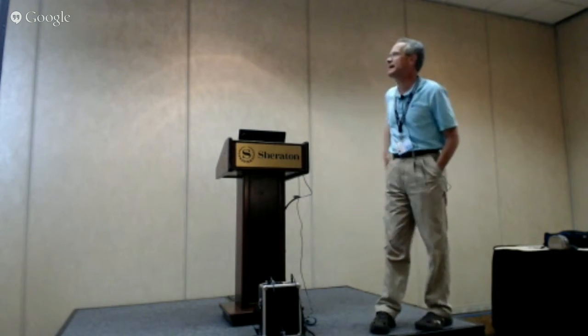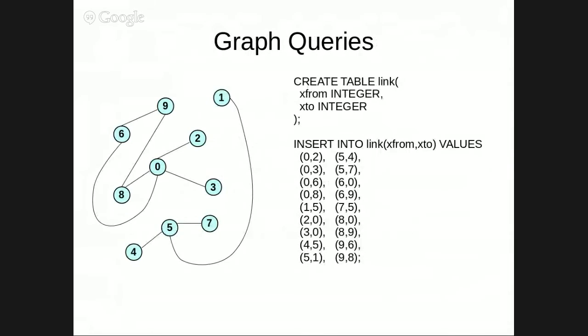All right, so here's some examples of how this might be a little bit more useful. Recursive common table expressions are useful for querying graphs. And I have a graph here, and it's an undirected graph, and I've got a table representation of it on the side.